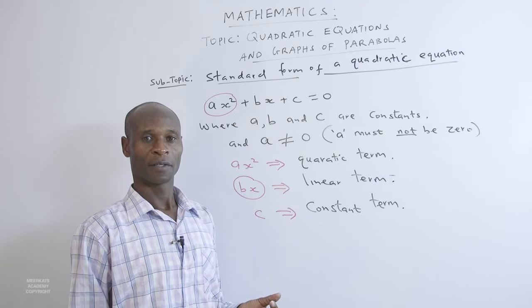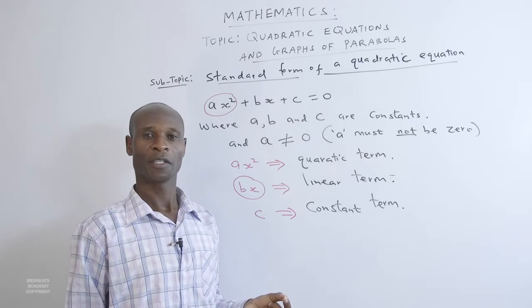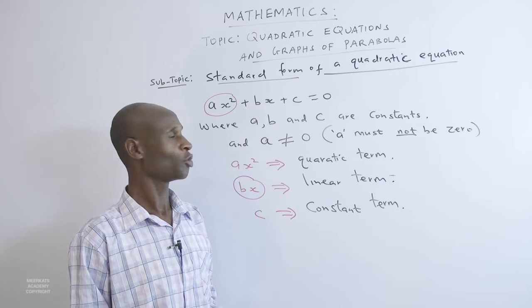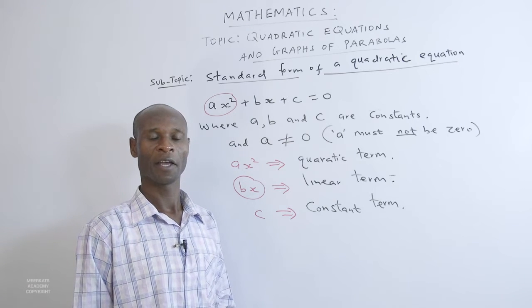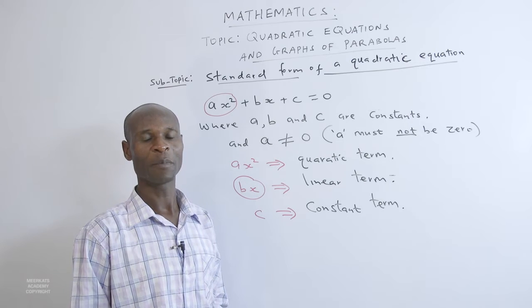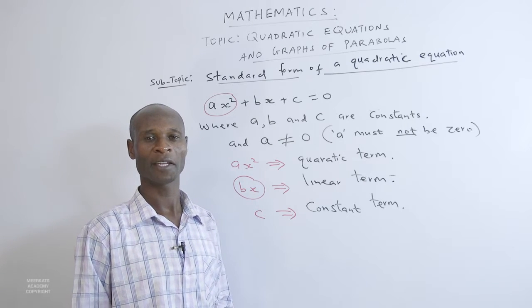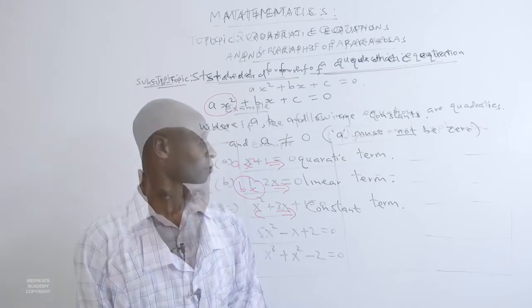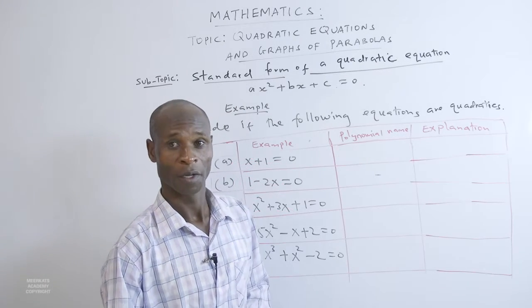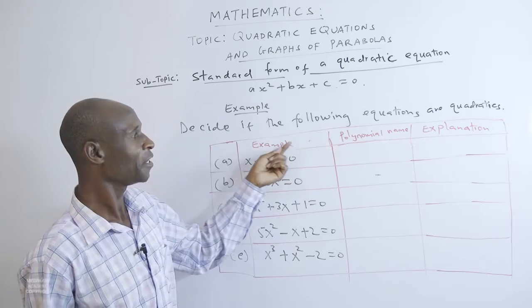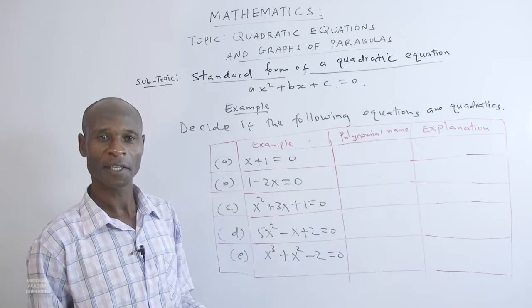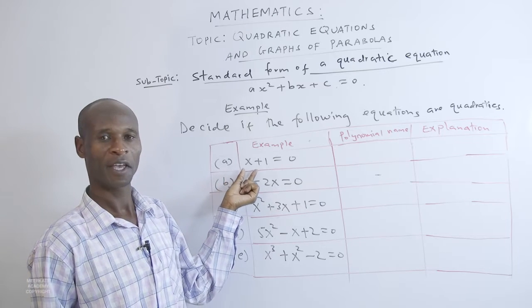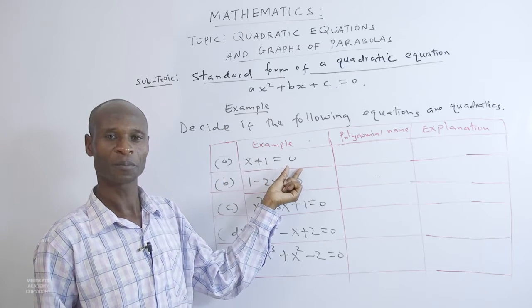Now, class, I'm going to give out some equations, and you should be able to identify a quadratic equation from a list of equations I'm going to write here on the board. Decide if the following equations are quadratic. Part A is x plus 1 is equal to 0.